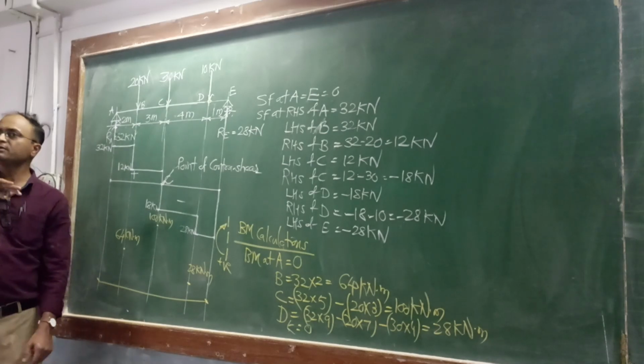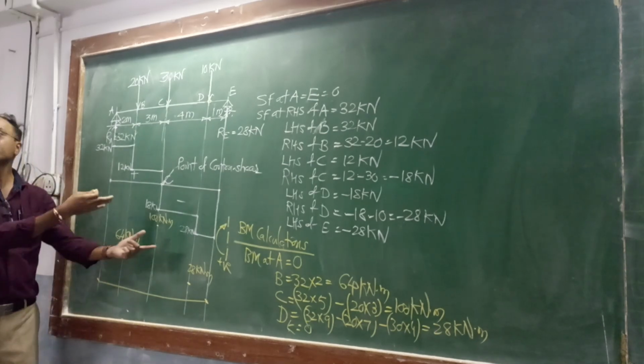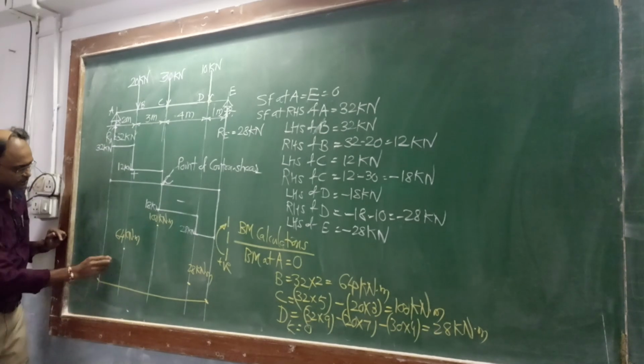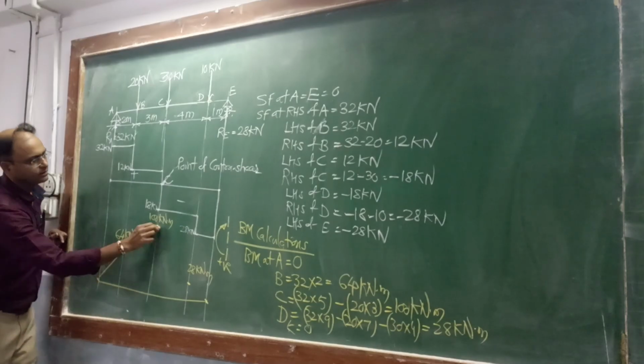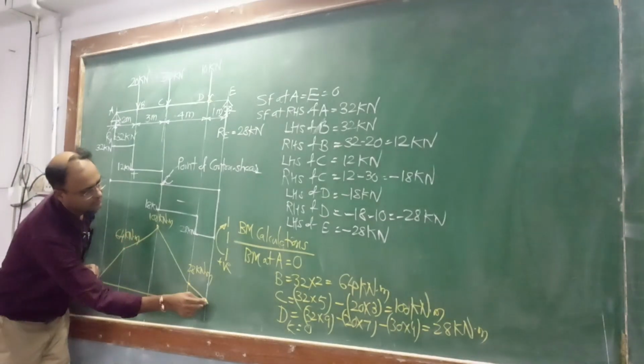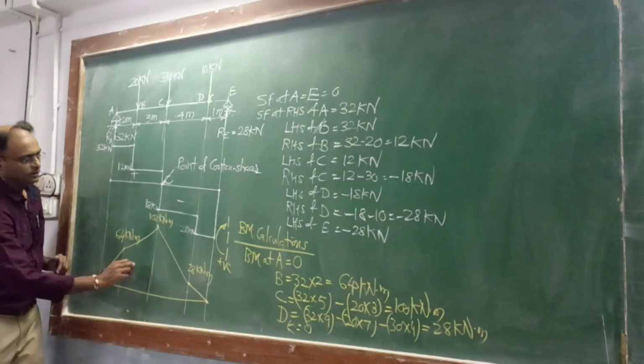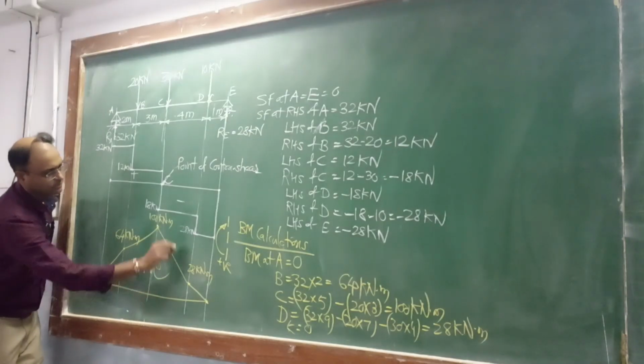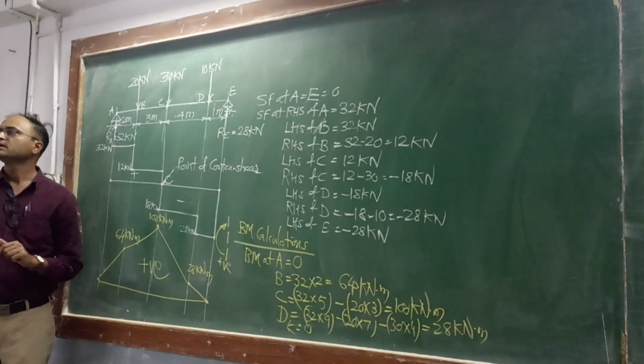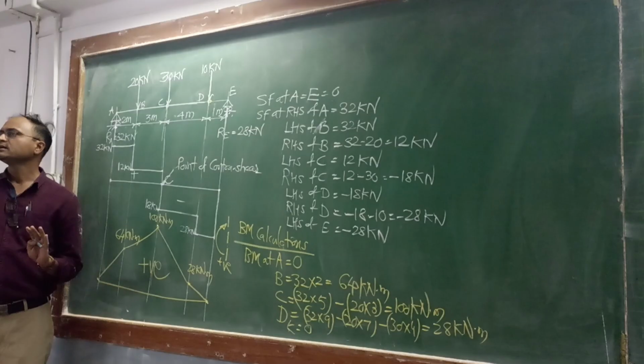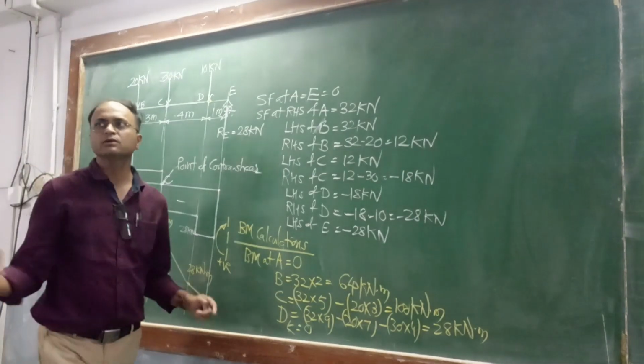These points are to be joined by straight lines. Of course, they will be inclined lines in this case. So this to this, going to 100, 28, 0. And this is positive. Have you understood this? Just write down the calculations and diagram.